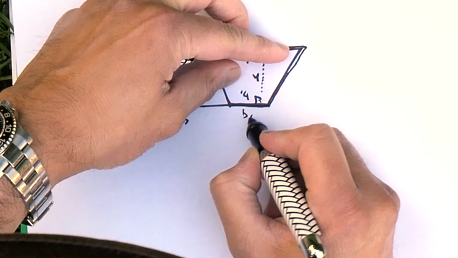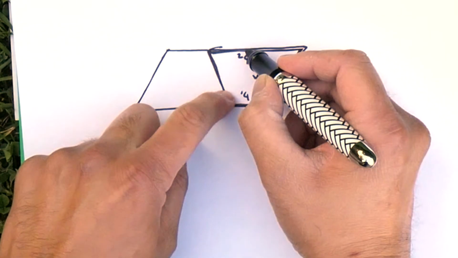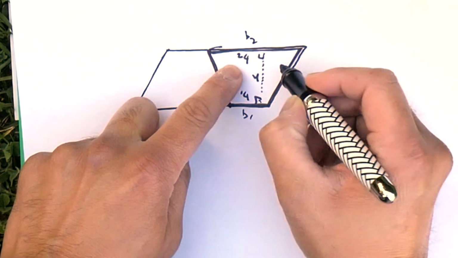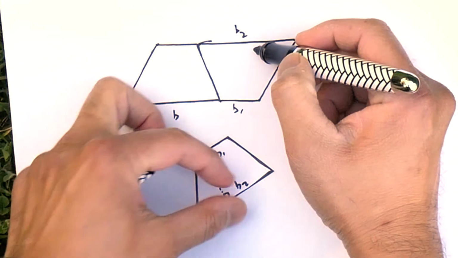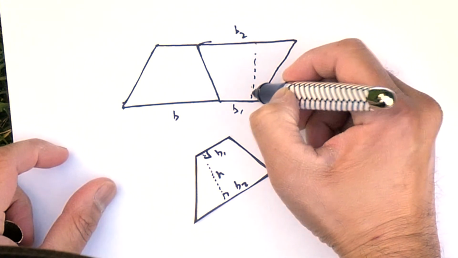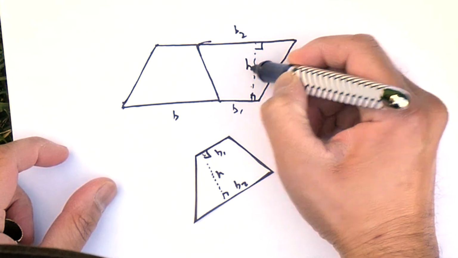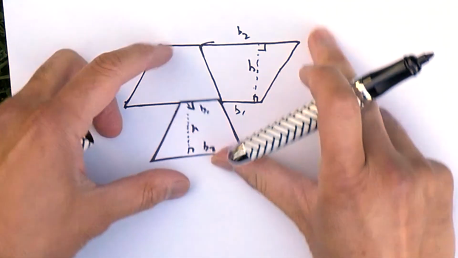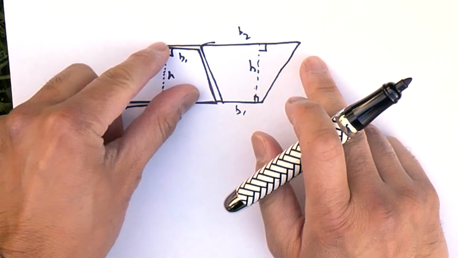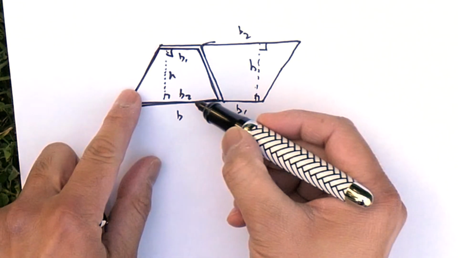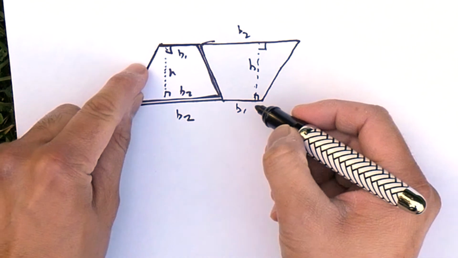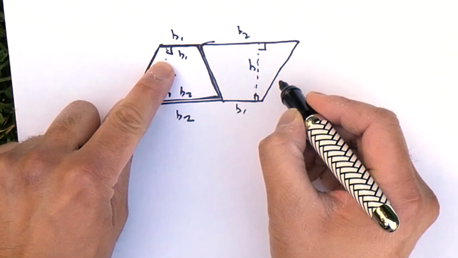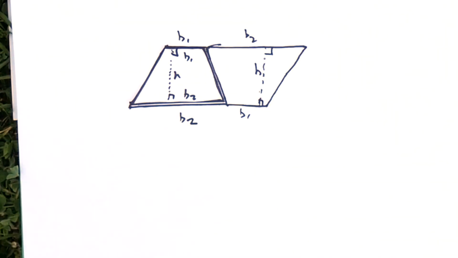We said this was B1, because this is upside down, this is B2. And then this is still the height. So the height is perpendicular to the base. And right here, we still have this, right? Good. Well, I said that was B1, but look down here. This is B2, actually. And this is B1 up here. And this is B2. And the height is the same.